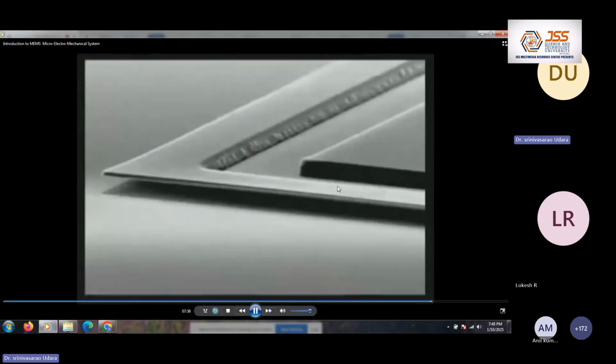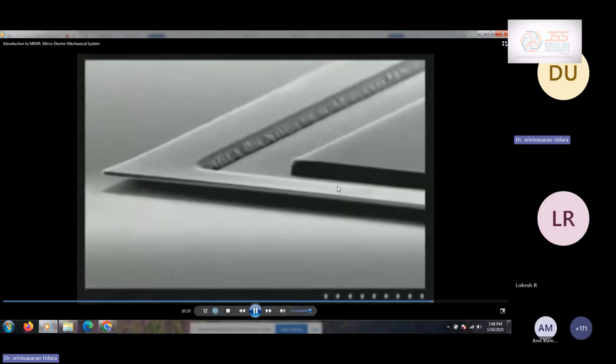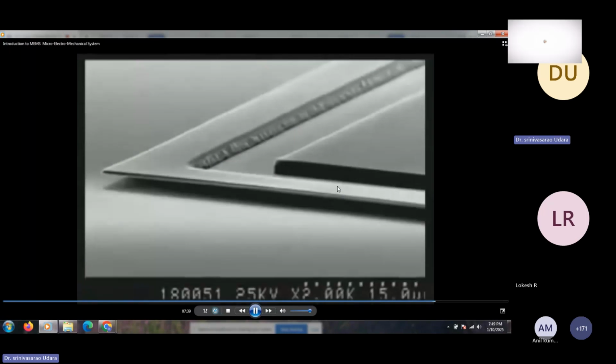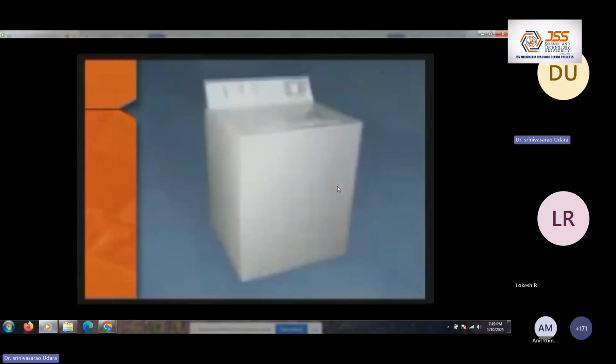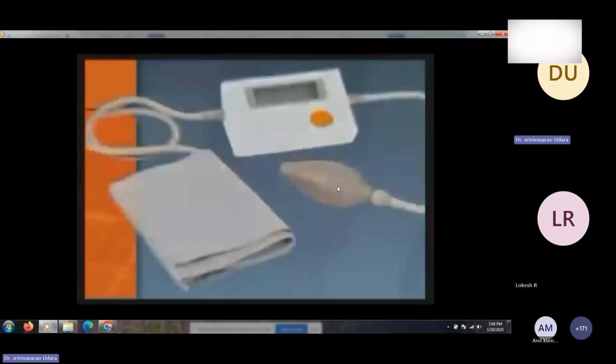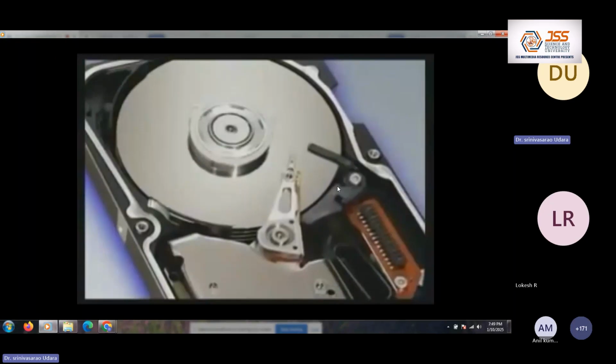It has become an inevitable part of the path to more effective and diverse products at the consumer level and beyond, and has already improved our quality of life. Products with MEMS devices perform better, respond faster, and are more reliable. They improve current products in ways that are not possible with traditional electronics.